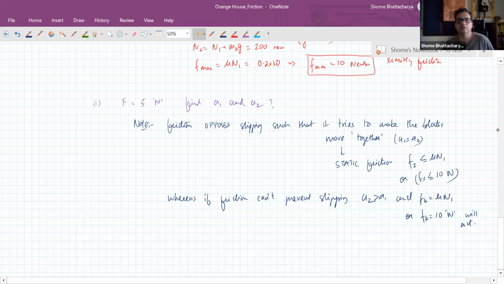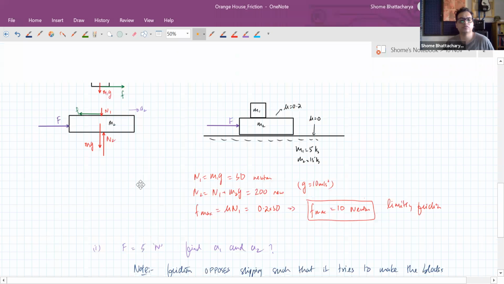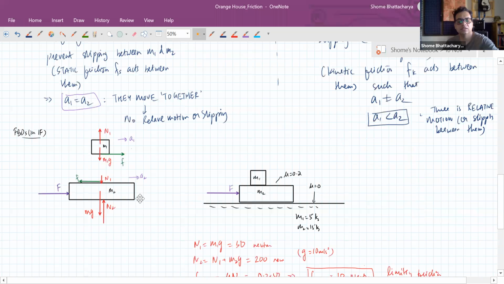Okay. So for that we have to again rely on the free body diagrams and solve to understand: is it possible that A1 is equal to A2 when the force is 5 newtons?